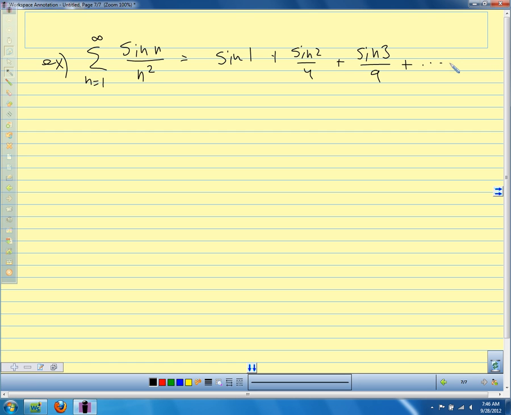Is this going to have positive and negative terms? Yes. Are they going to strictly alternate? Not necessarily. We have positive and negative terms, but they don't strictly alternate.